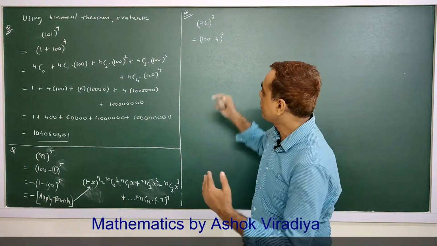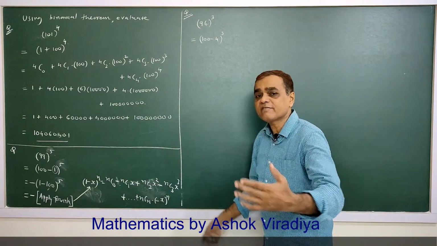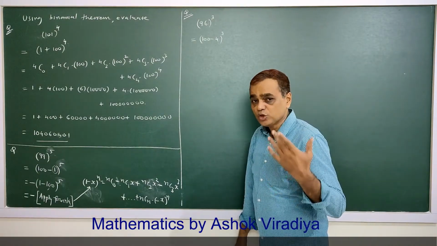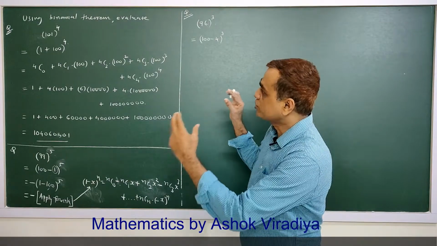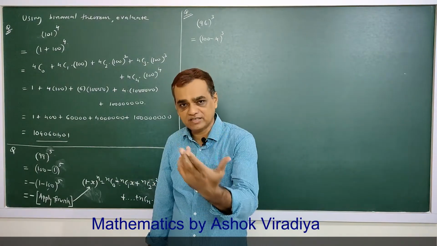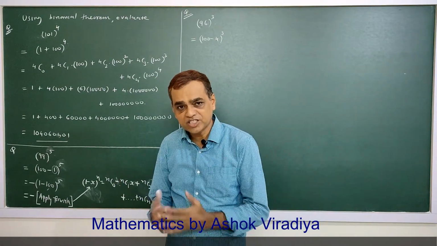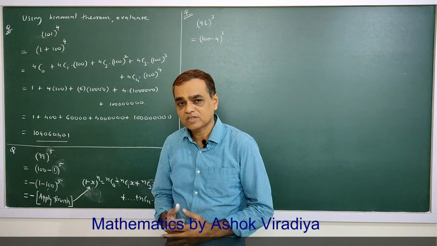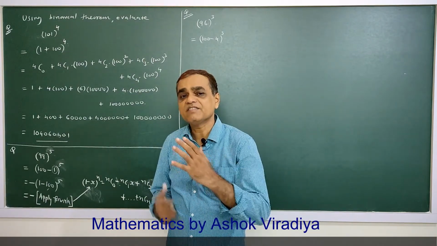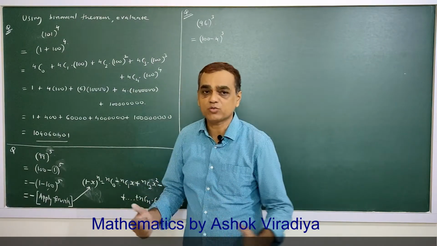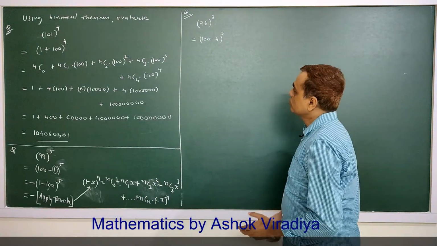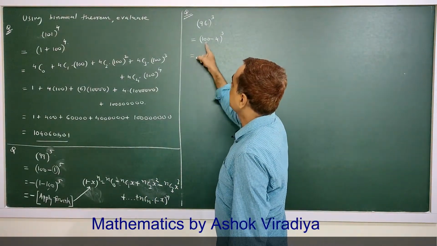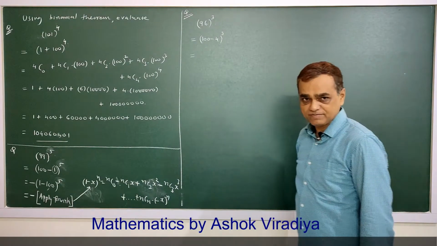But 100 square, 100 cube can be calculated very easily. So in such type of questions, take base 100 if the given number is nearest to 100, or take 1000 if the given number is nearest to 1000. So now this is an application of (a minus b) raised to n.